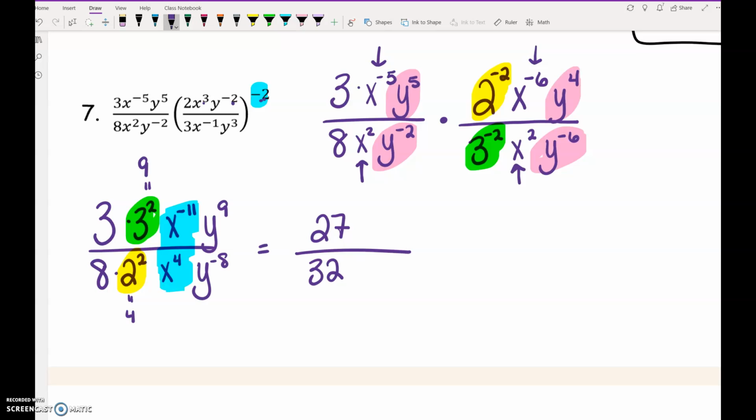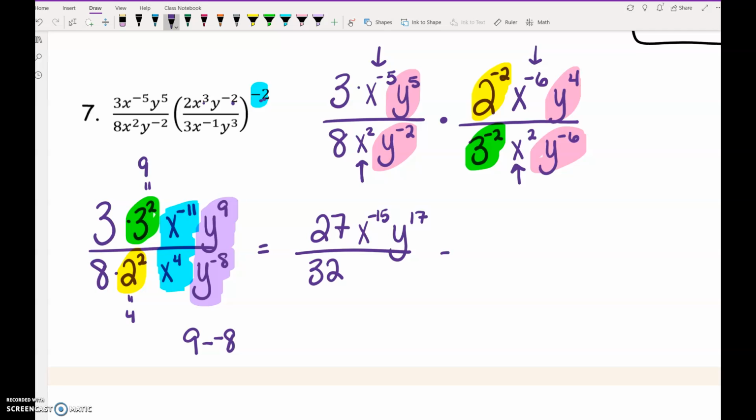What is negative 11 minus 4? Negative 15. And we are dividing, so we subtract. 9 minus a negative 8 is positive 17.